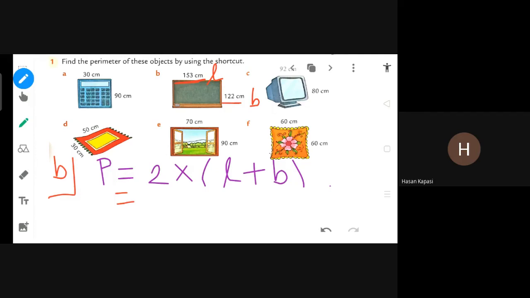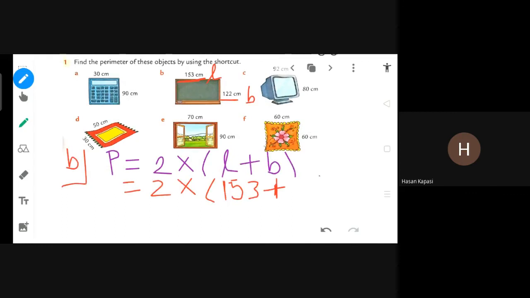Perimeter now, L की जगह क्या रखेंगे? 153 plus, in breadth place we put 122. Yes, very good. Ma'am, I directly say answer. Yes, you can directly say. 275.